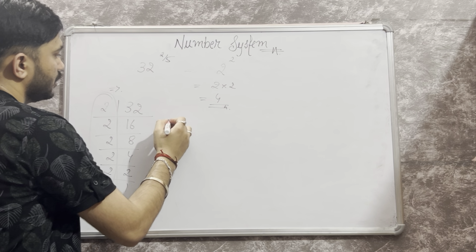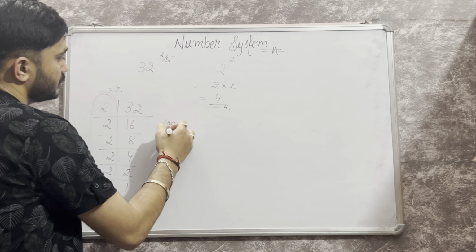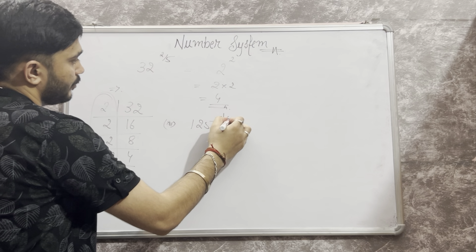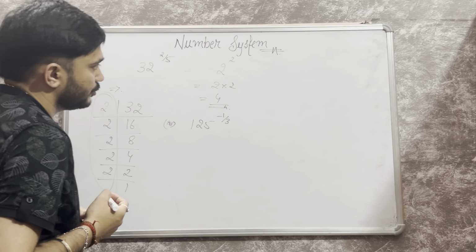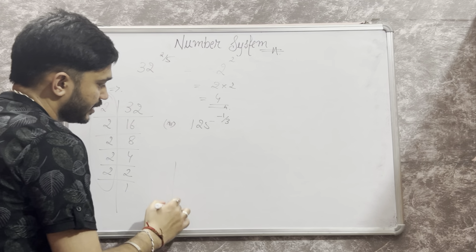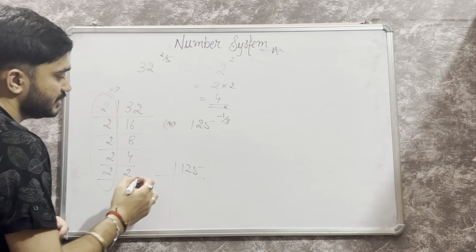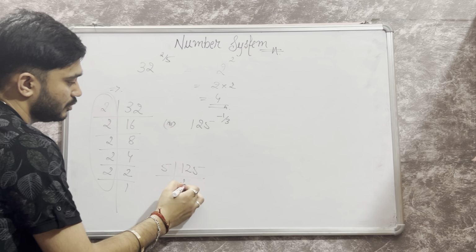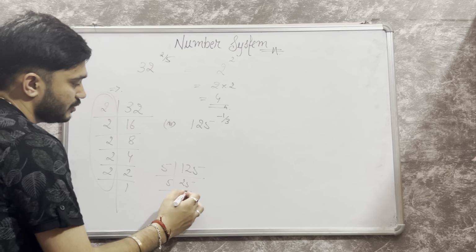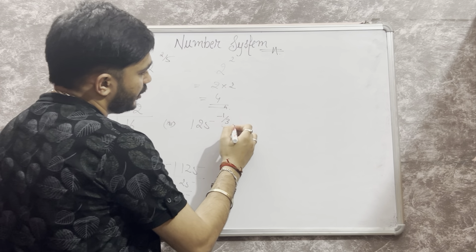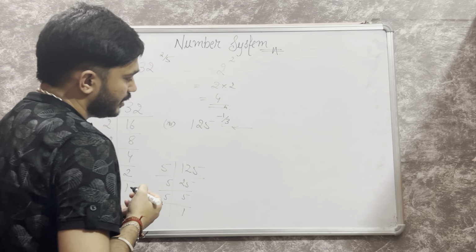Now let us solve another example based on this, that is 125 raised to power minus 1 upon 3. So take this number as 125. Prime factorize this. That is 5 into 25, 5 into 5 and 5 into 1. Here in the denominator you have 3 as power.